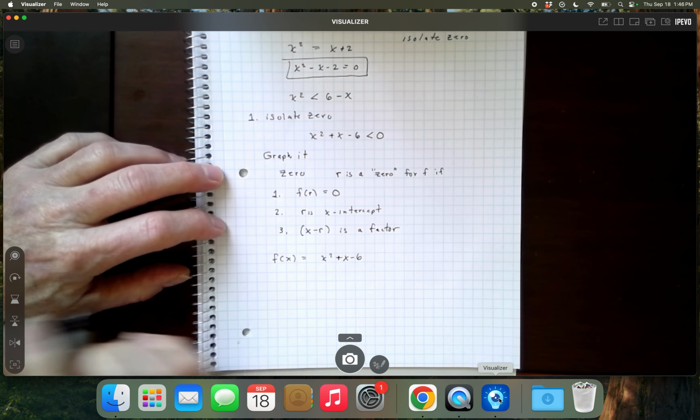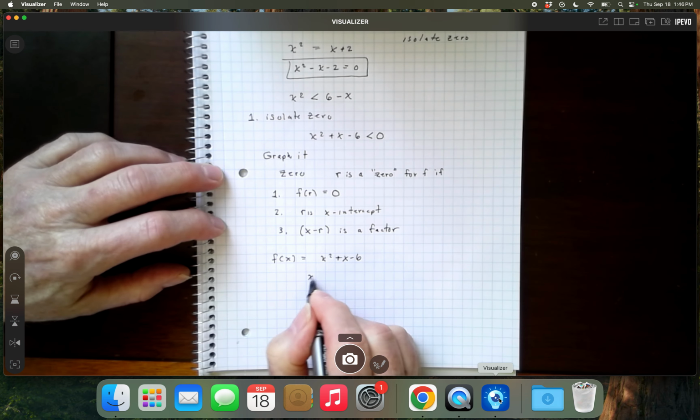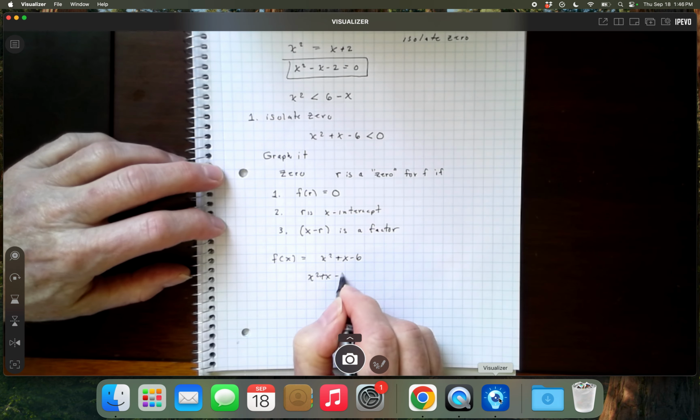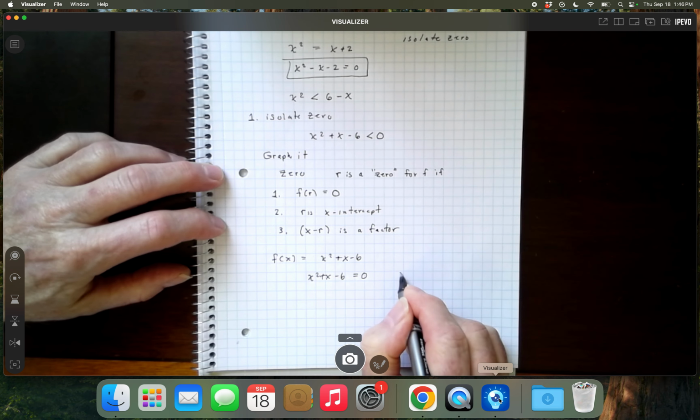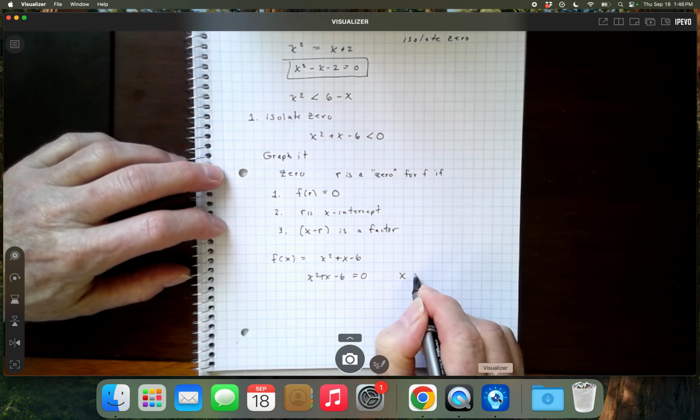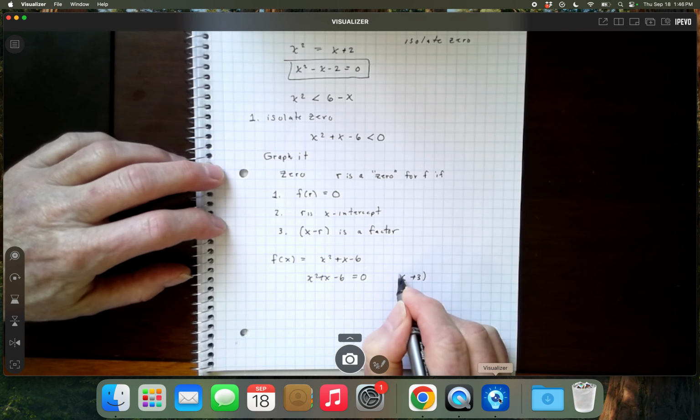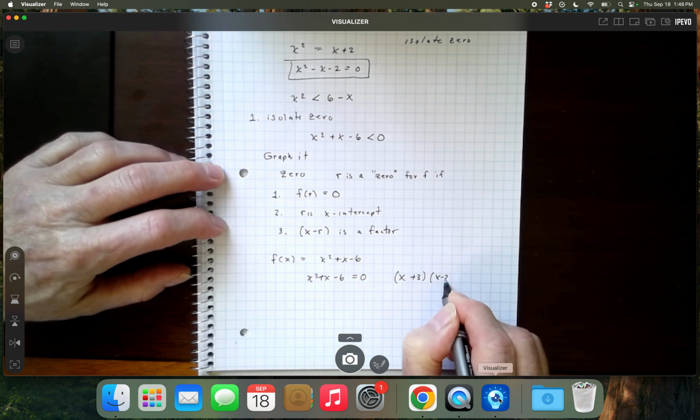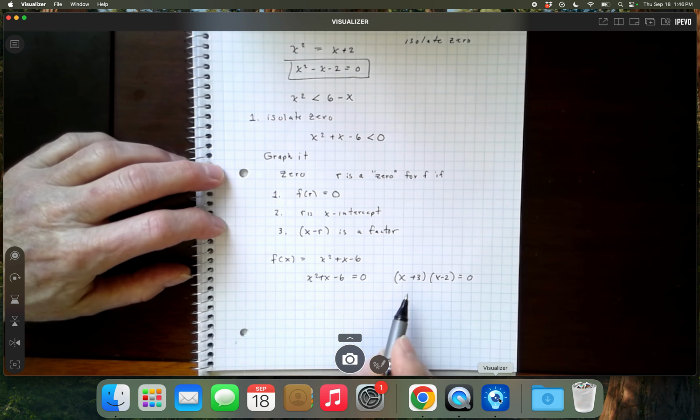Could be more than one. So to do x squared plus x minus 6, I set that equal to 0. I want to factor. This is x plus 3 times x minus 2 equal to 0. I'll use the zero factor property. So I have two zeros. One's at minus 3 and the other is at 2.